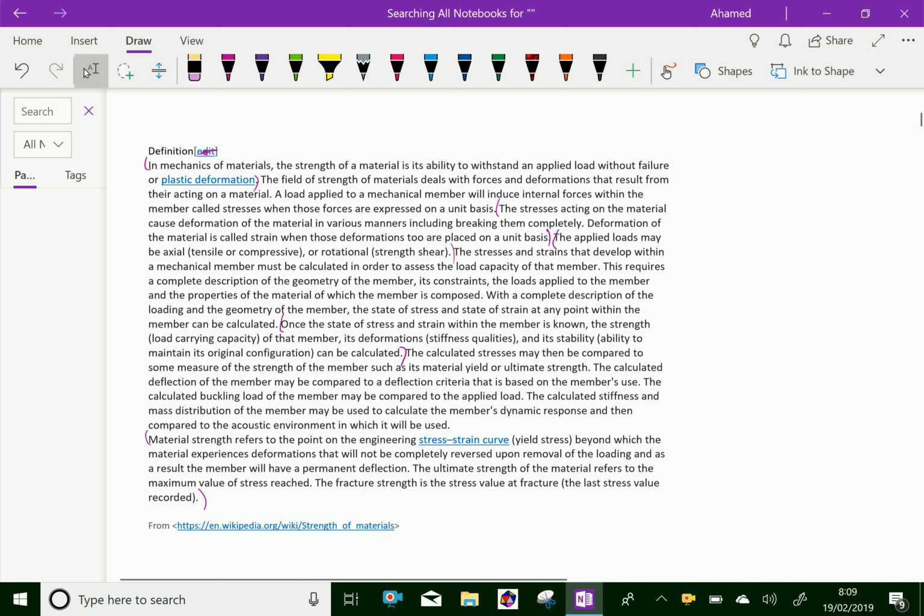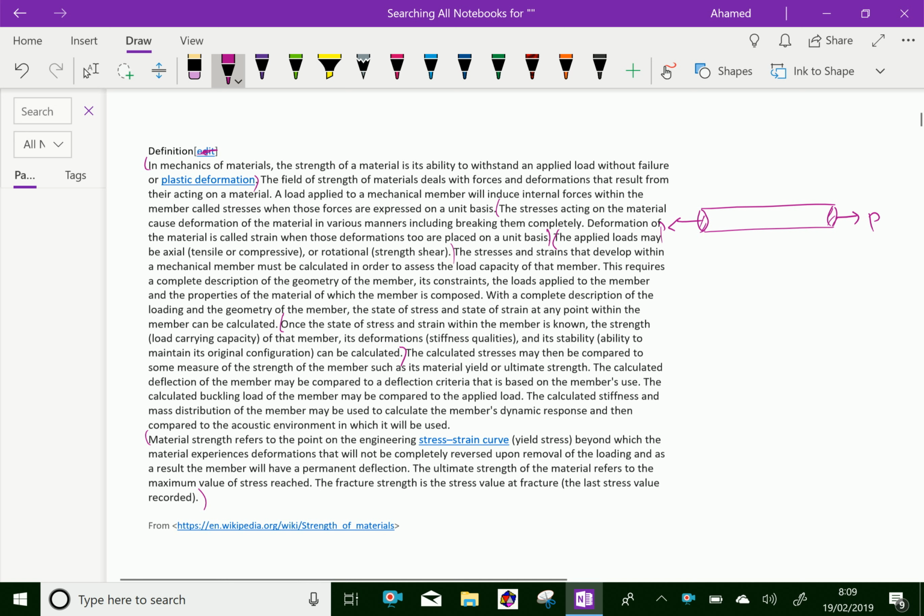Here consider a small piece of material, suppose it's in a round shape. Here suppose we are applying a load of pulling. Up to some extent of load it can withstand that load.